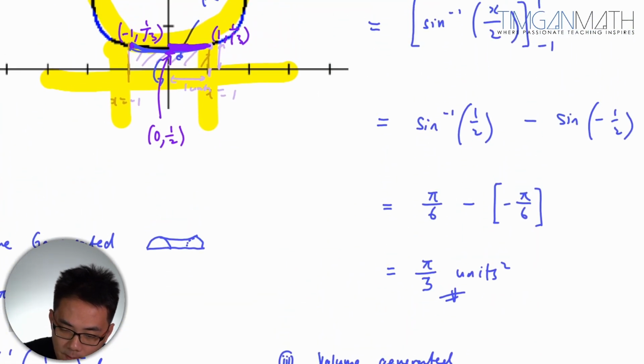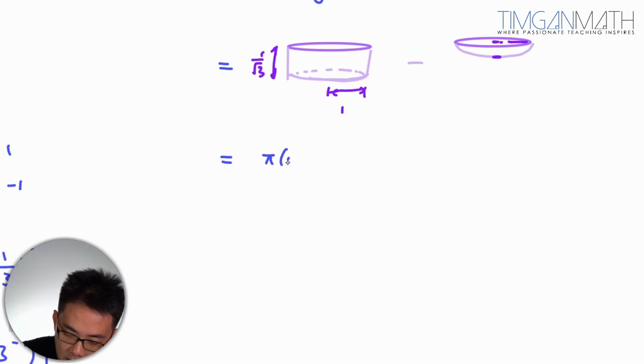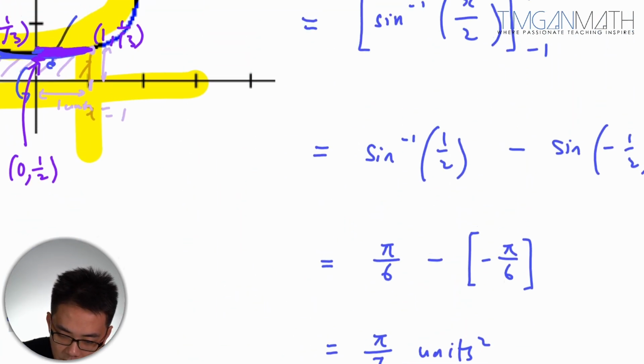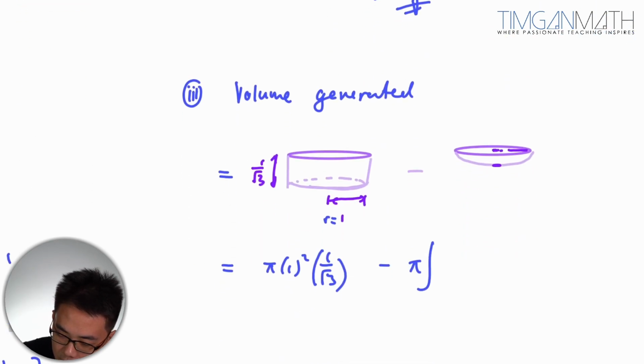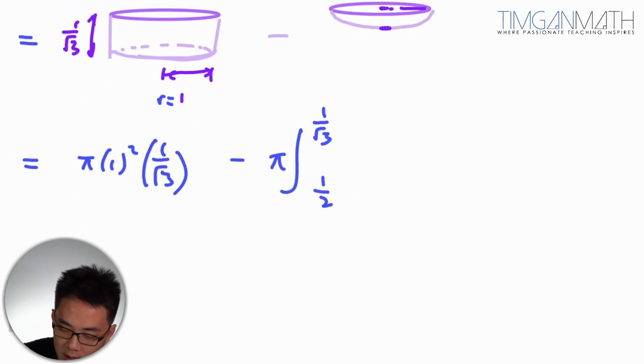So this would be pi r squared, which is the radius 1, and the height 1 over root 3, minus of this, which would be pi integral from half to 1 over root 3 of x squared dy.